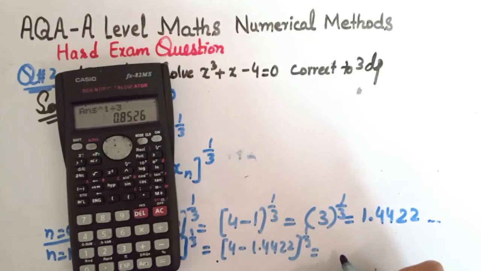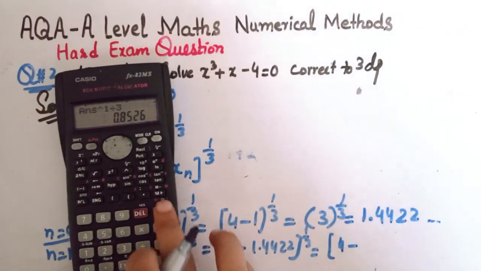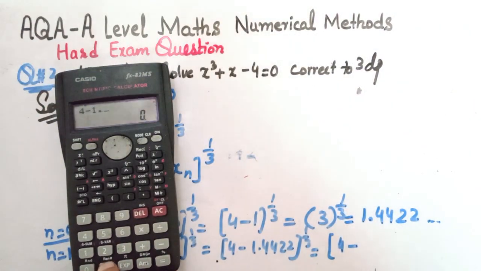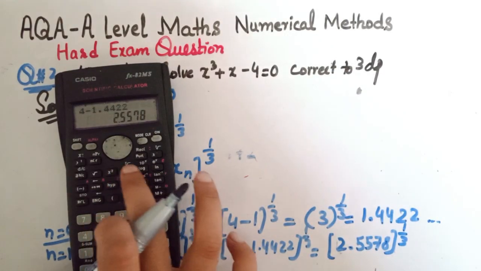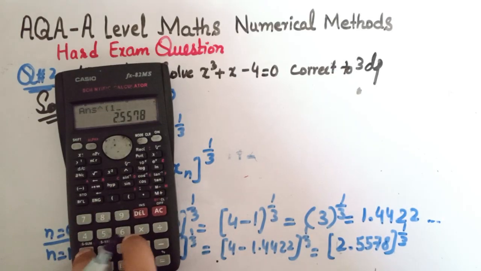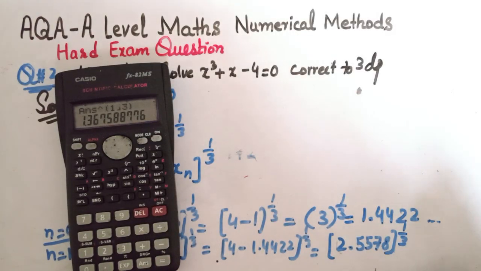What will it become? 4 minus 1.4422 equals 2.5578, and we take its power 1 by 3. So take your answer, power 1 by 3. This will become equal to 1.366.